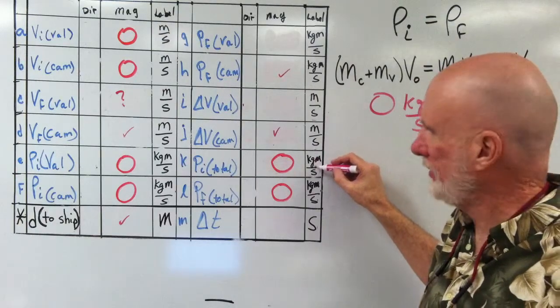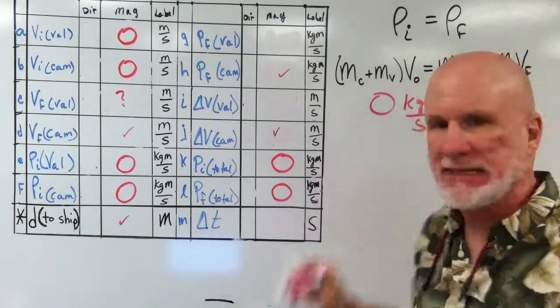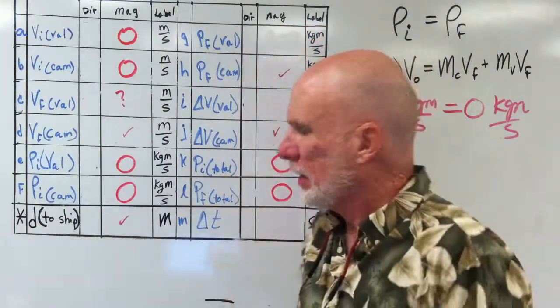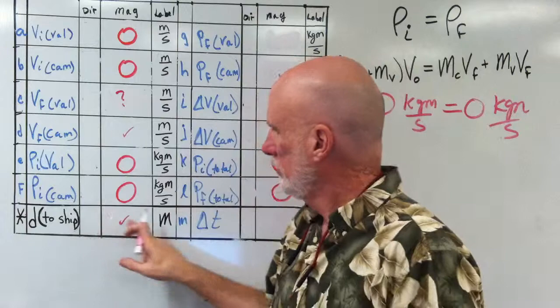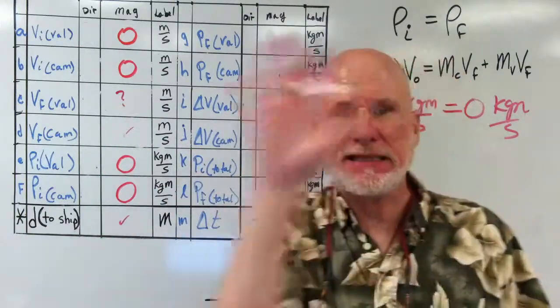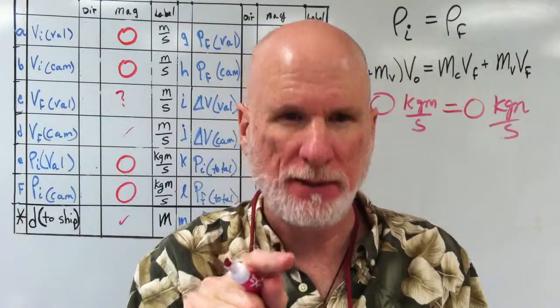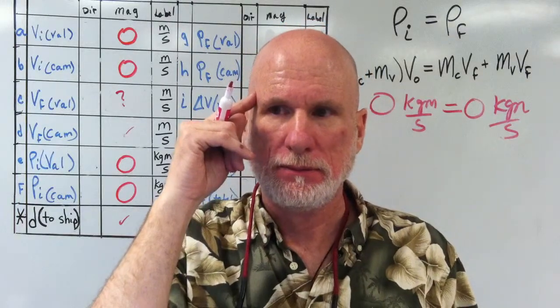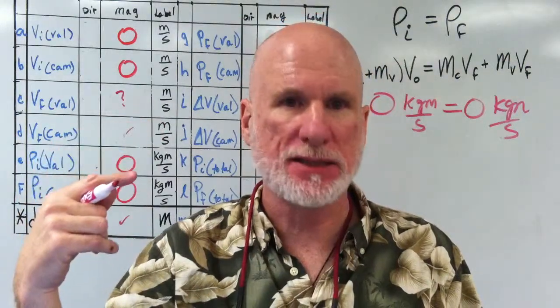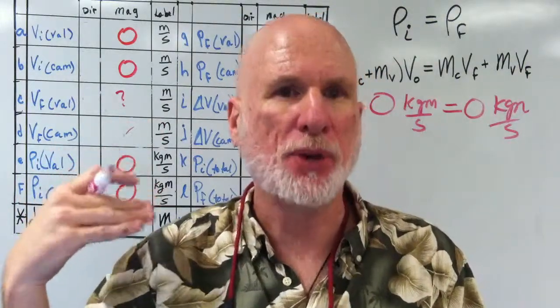Kilogram meters per second is momentum, and seconds is time. Okay. Now, I want you to do that. That's it. First step. Okay? Part 2 will be to be able to put in those values.